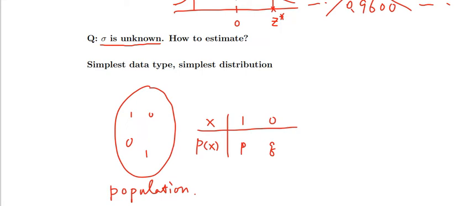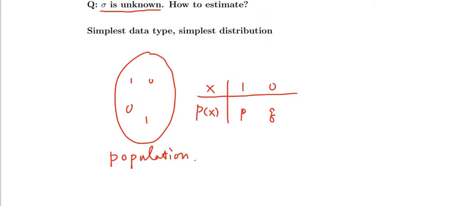We have many examples of such a situation, like a yes-no survey question. For example, for a presidential election, suppose we have only two candidates: you will vote for this guy, or you will not.